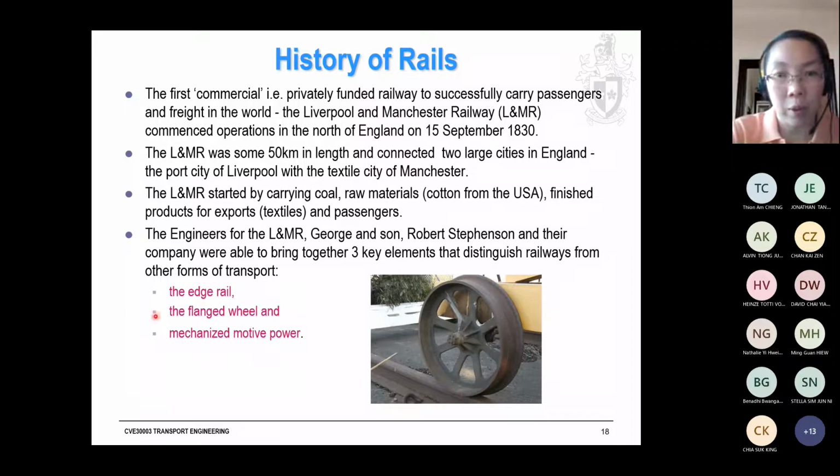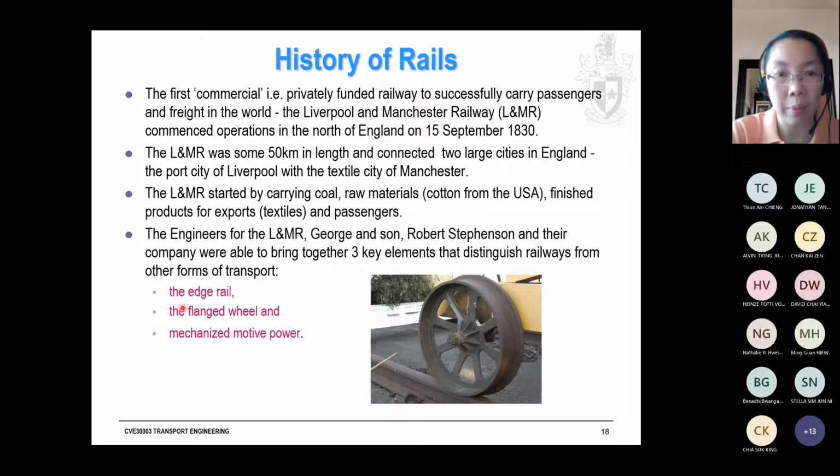Okay, so three elements. The engineers from the Liverpool and Manchester Railway identified three key elements to distinguish railways from other forms of transport.